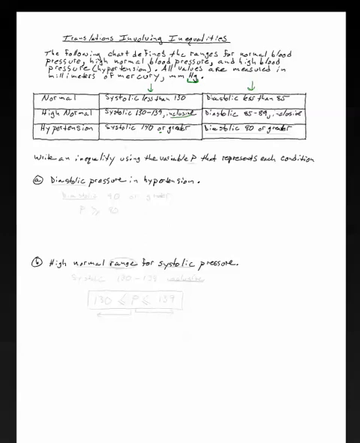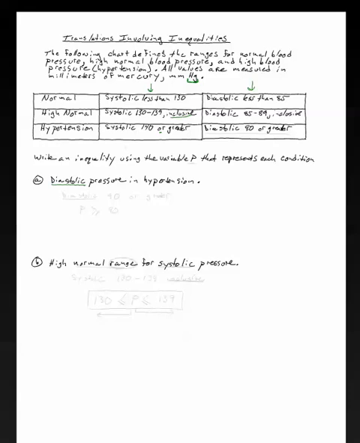So then it says, write an inequality using the variable p that represents each condition. In problem A, it says diastolic pressure in hypertension. The first thing you have to pay attention to is which pressure they're talking about, and in this case they're talking about diastolic, so we don't care about systolic here.